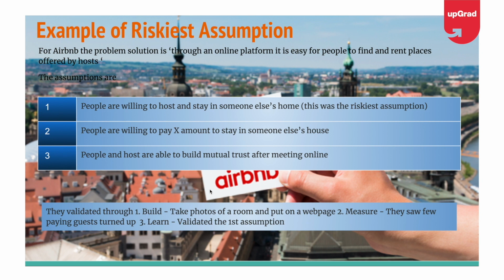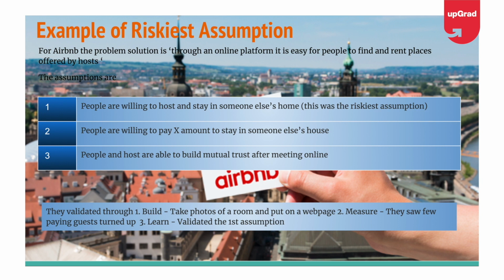Below is an example of a riskiest assumption. For Airbnb, the problem solution is that through an online platform, it is easy for people to find and rent places offered by hosts. I'm sure a lot of you would have used Airbnb. But when they came up with this construct of Airbnb, where people will just be able to find and rent places offered by hosts on an online platform, there were quite a few assumptions.